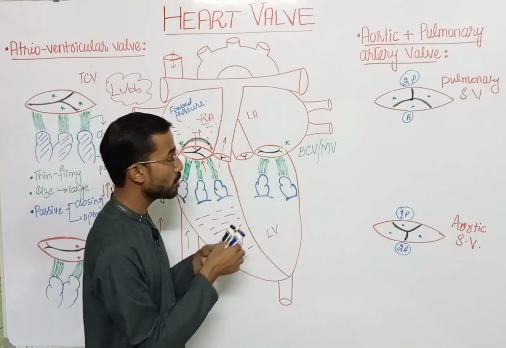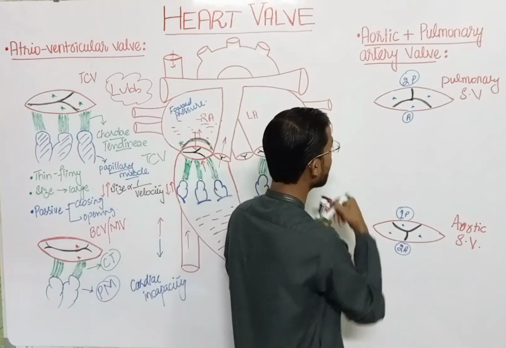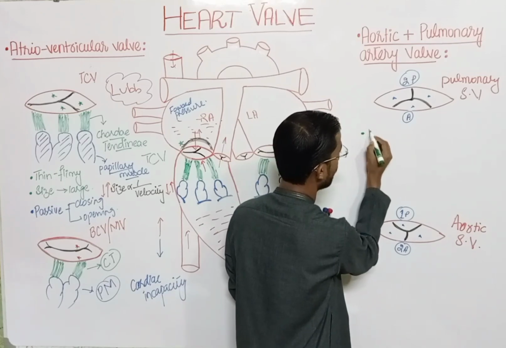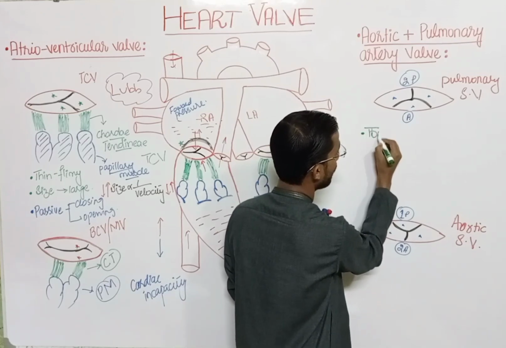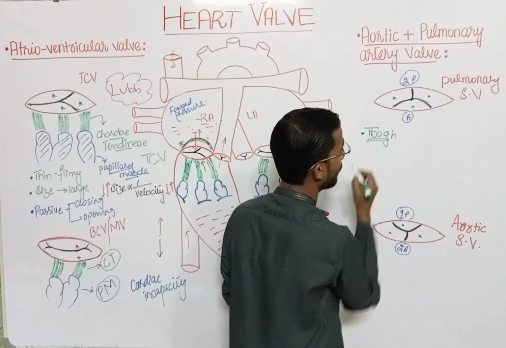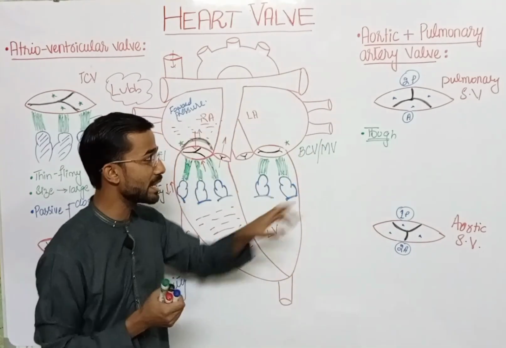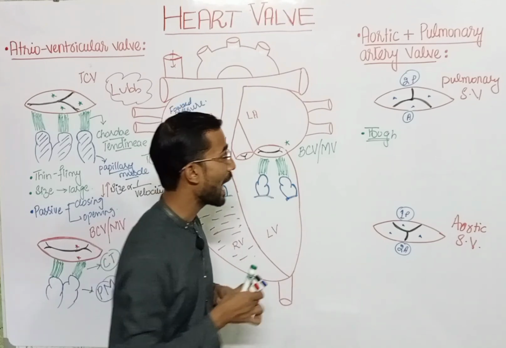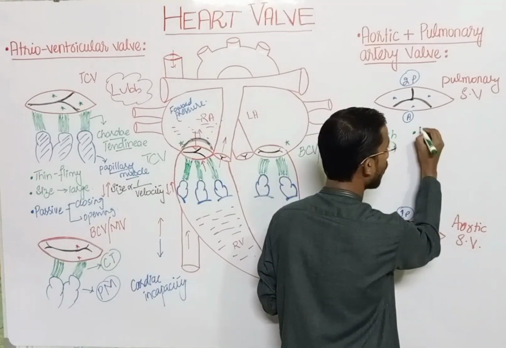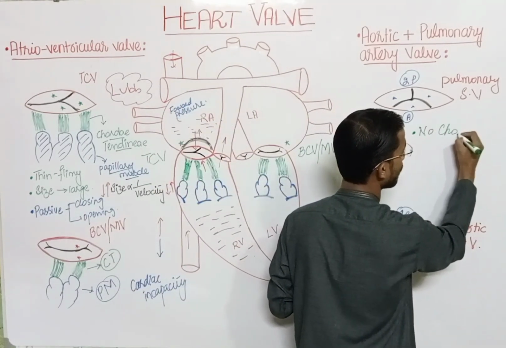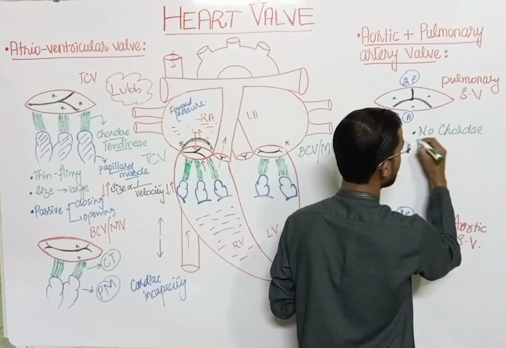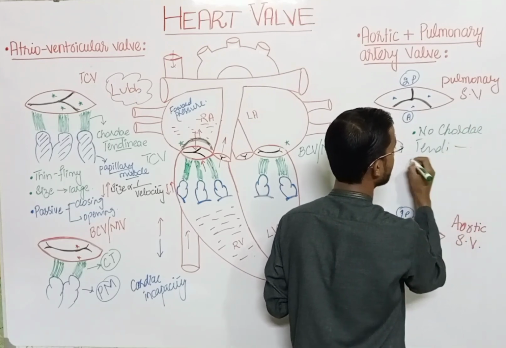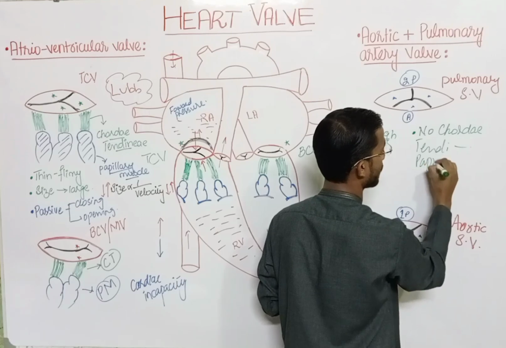Okay, now you see that it is tough in appearance. Even though it is flexible, the semilunar valves are basically tough, and there are no chordae tendineae and papillary muscles.